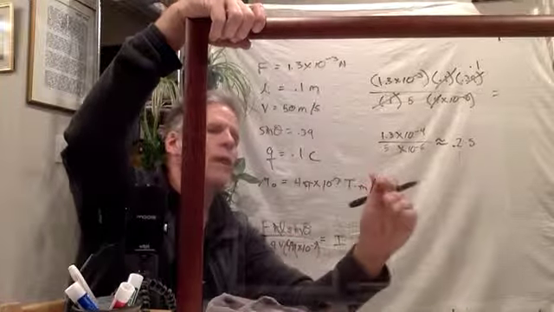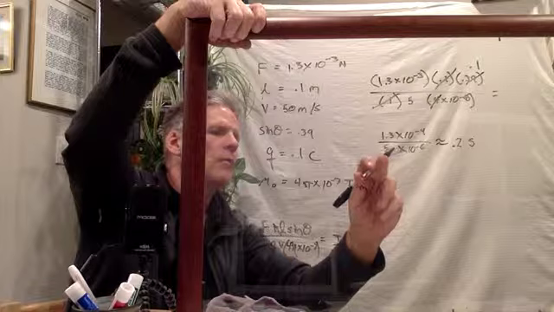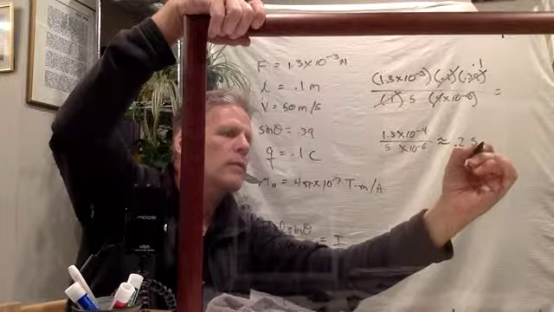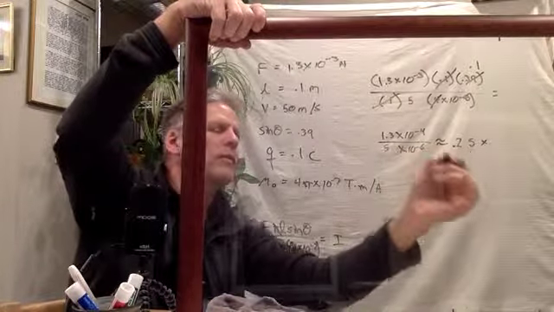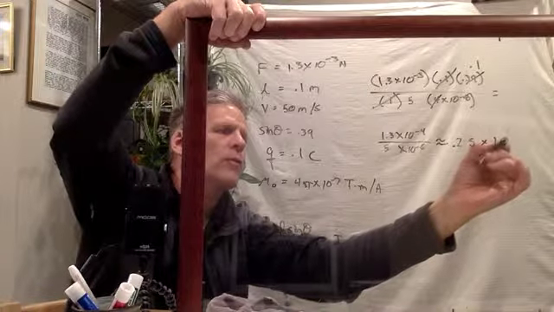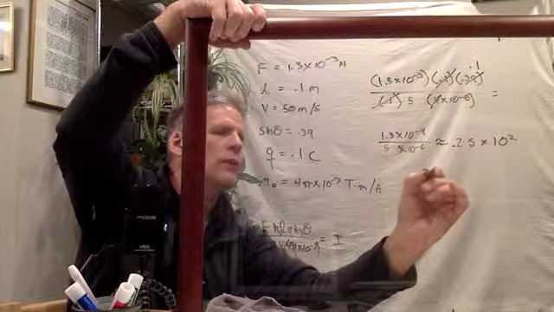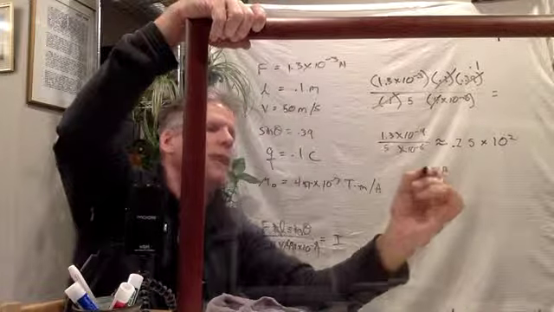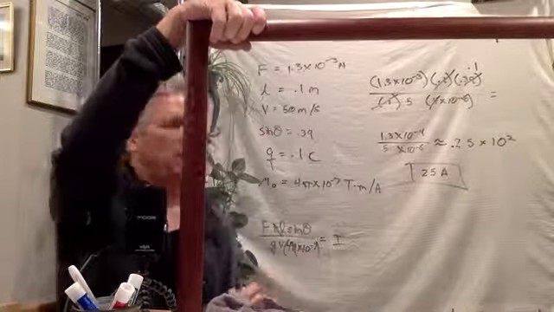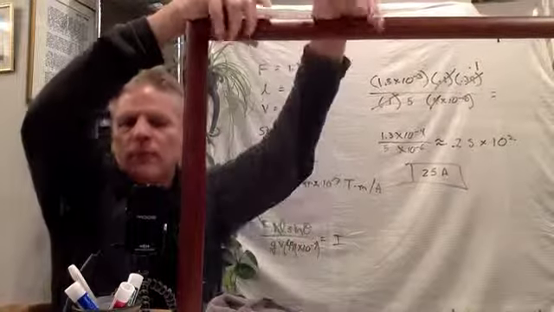So 0.25 times 10 to the minus 6 becomes 10 to the 6, so it becomes 10 to the second. So that means we have 25 amps. Okay, that's that.